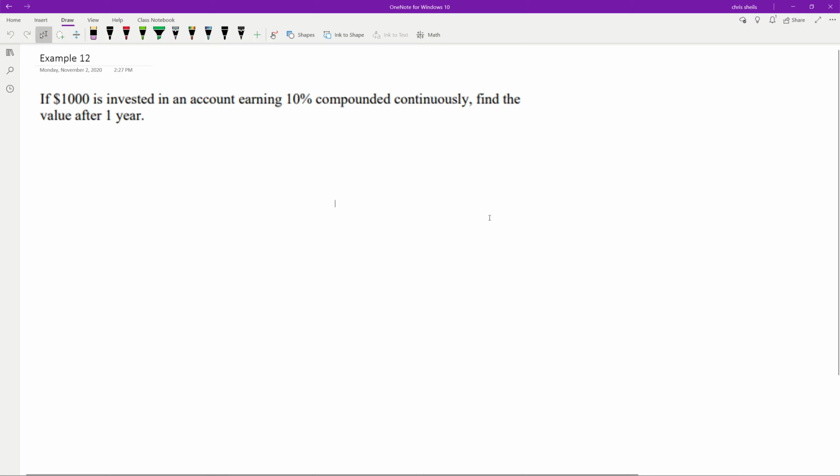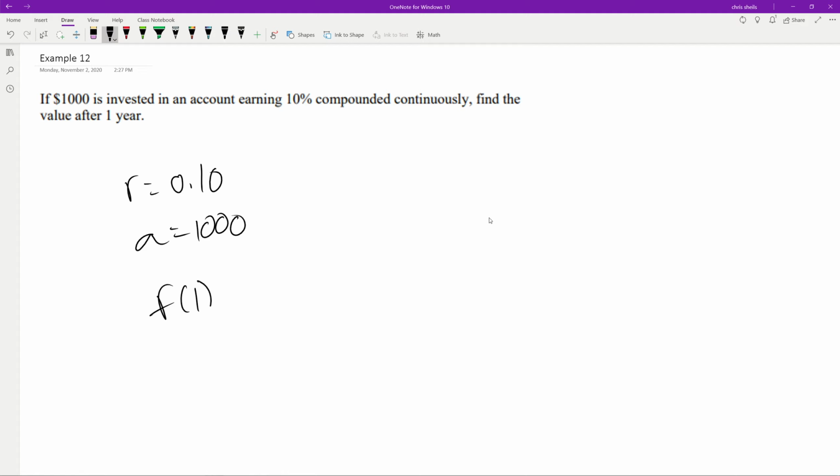And one more example. If $1,000 is invested in an account earning 10% compounded continuously, find the value after 1 year. So my growth rate is 10%, so r is 0.10. We're starting with $1,000, so a is 1,000. I'm trying to find the amount in the account after 1 year, so I'm trying to find f of 1, because I'm given an annual interest rate, right?